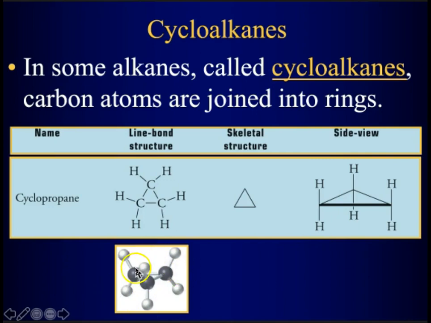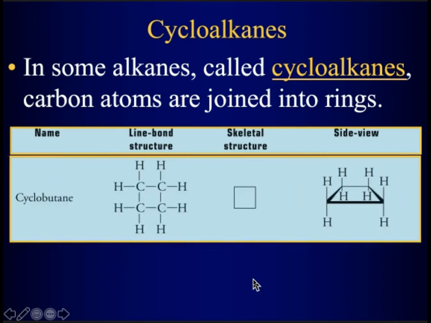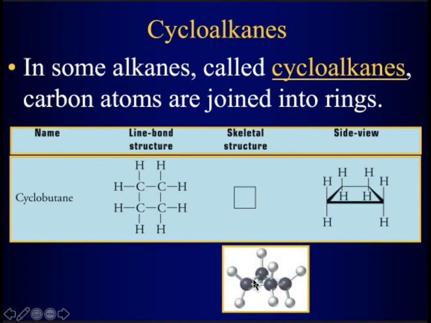So here's what the cyclopropane would look like in real life. I've got the 3 carbons with the hydrogens on either side of our ring. So then we have our cyclobutane. So now this is a square, so 4 carbons. But we know that carbon doesn't exist at 90 degrees. I can't have these 4 carbons at 90 degrees like this. It just doesn't work well. These are tetrahedral. So you'll see that in actuality there are slight curves to this ring.